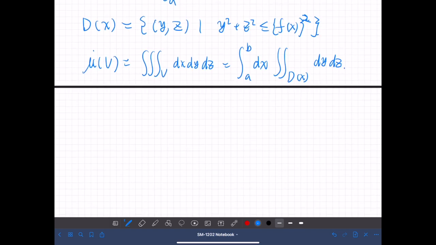Now here we use polar coordinates for y and z.